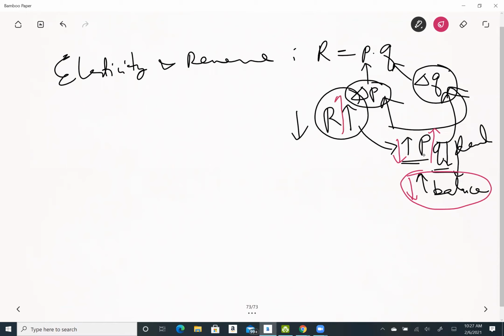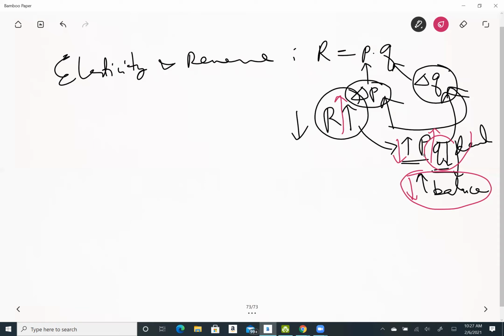So it doesn't mean that if you increase your price, your revenue will always go up. Not necessarily. Why? Because there is a change in the quantity. And sometimes it may be worth it, rather than you increase your price, to reduce the price, so that the quantity will go up.